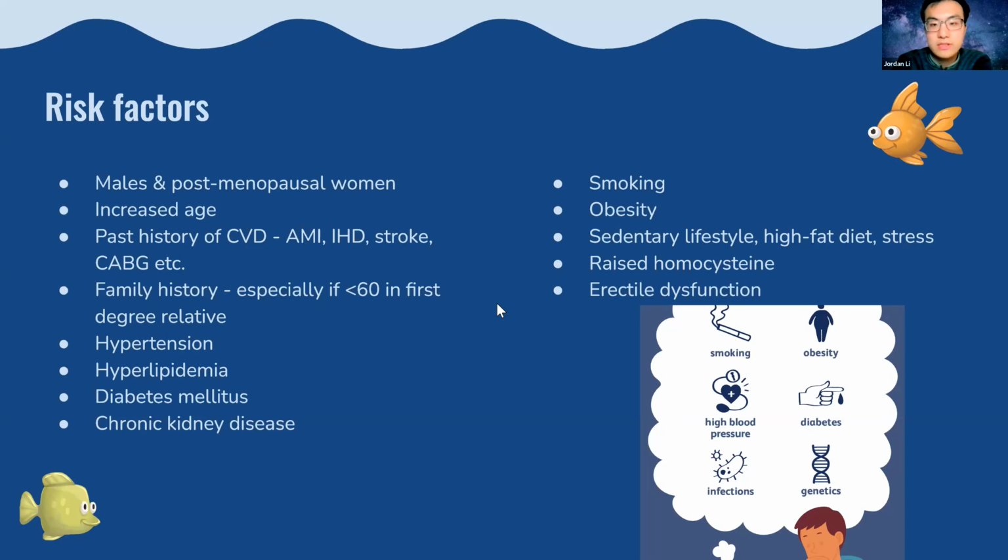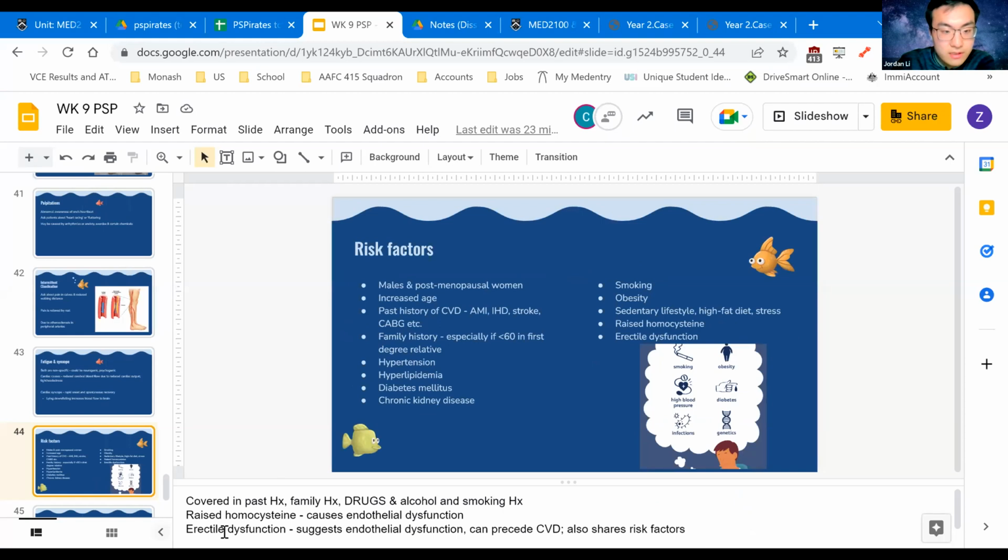Raised homocysteine, I think I might have a note on that. And erectile dysfunction. So raised homocysteine causes endothelial dysfunction. So endothelium lines the inside of the blood vessels. And erectile dysfunction may also suggest endothelial dysfunction.